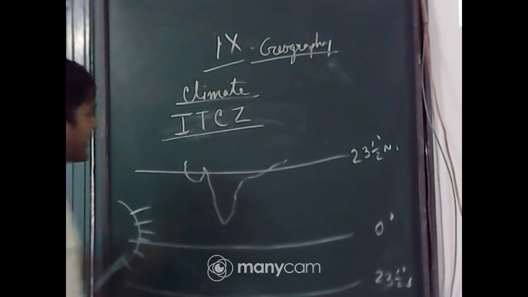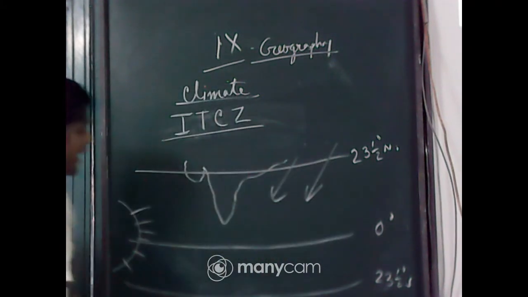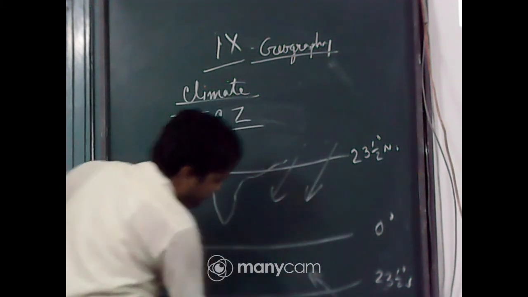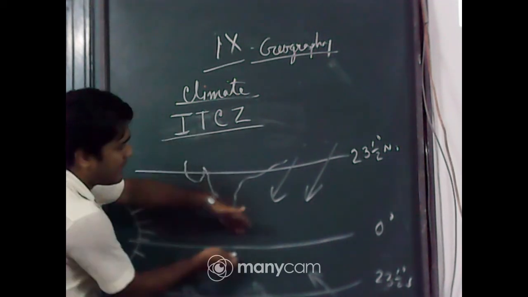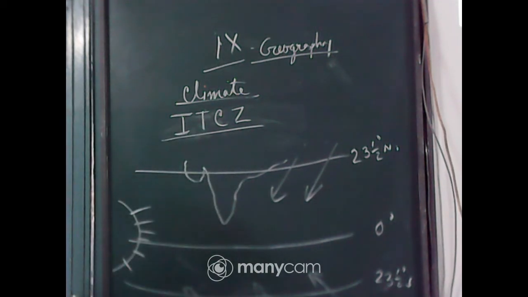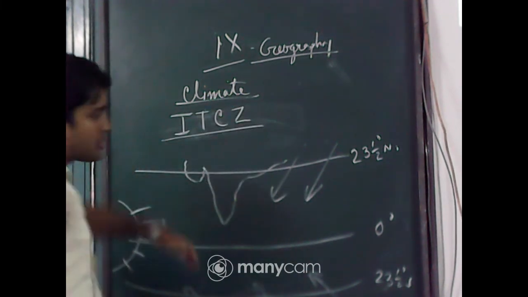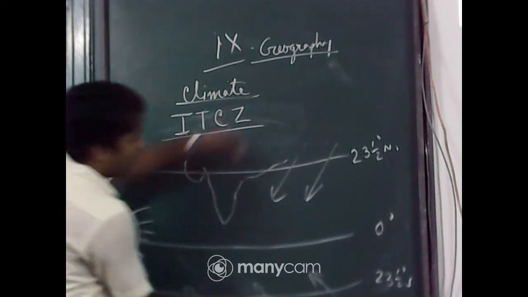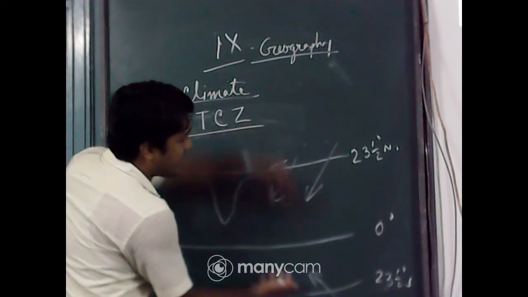So automatically from the high pressure areas, winds are coming here. From both sides, the northern hemisphere and southern hemisphere, winds come and converge.